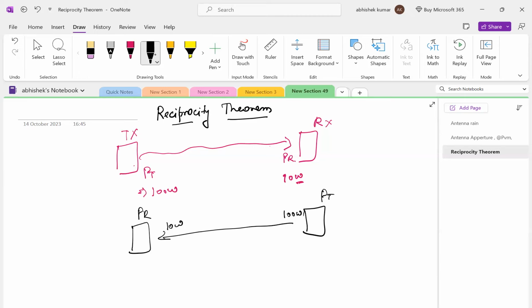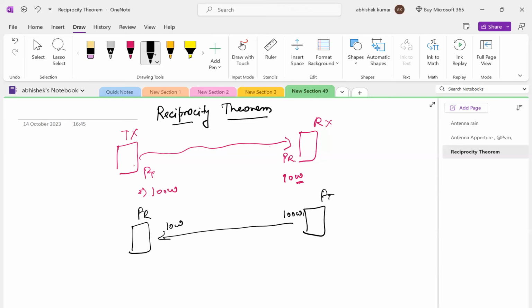So what does it mean in layman language? Suppose you have two antennas. One antenna you can use as a receiver and one as a transmitter. The reciprocity theorem allows you to use any antenna as a transmitter and any antenna as a receiver, and you will get the same result. Are you getting me?